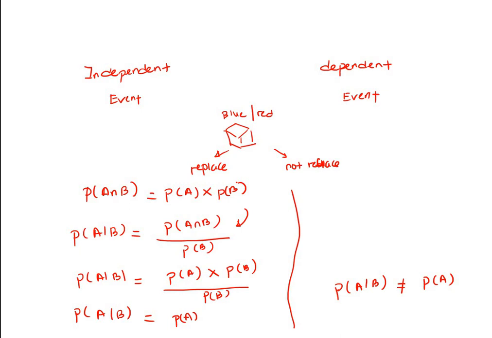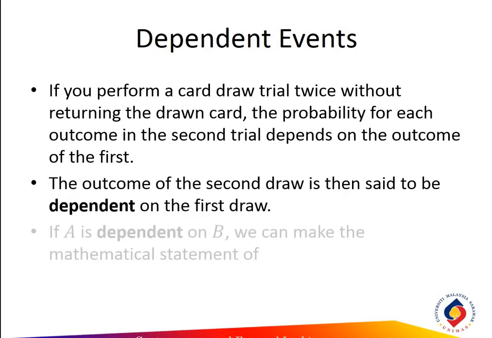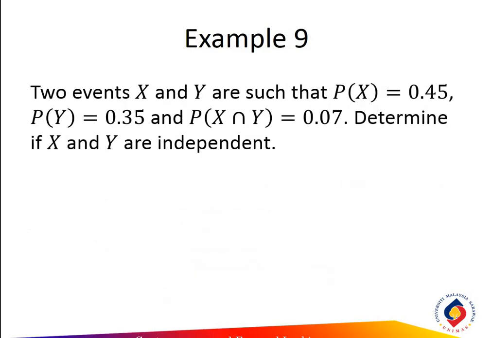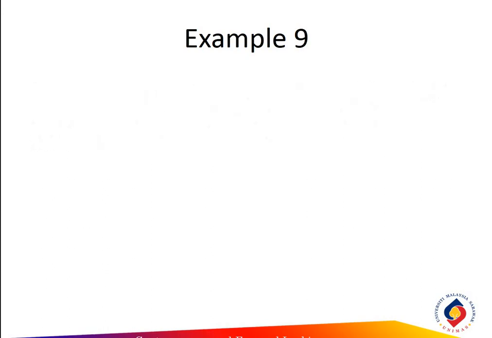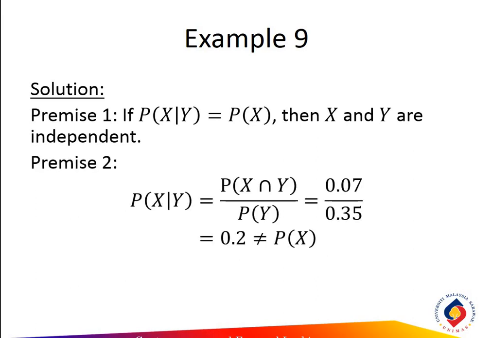So we use one example to see how the question will be asked. Example 9. You have probability X, probability Y, and probability X intersect Y. If you want to check whether they are dependent or not, you just need to form these two premises.